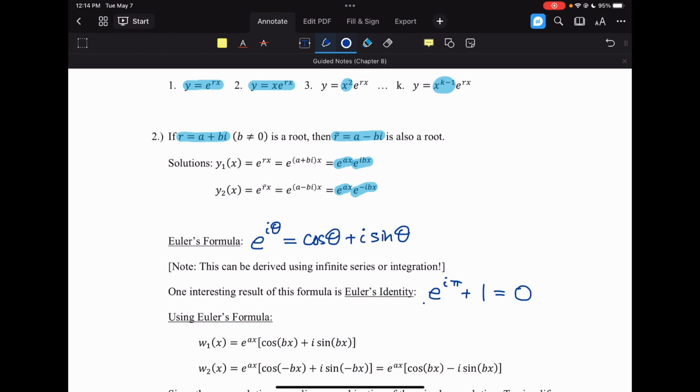This equation is so prominent in mathematics because it incorporates 5 of the most important constants in all of mathematics together in one equation. So we've got e, we've got i, we've got pi, we've got 1, and we've got 0, right? With e, of course, being that natural exponential base, i representing all complex numbers, pi being a representation of so many things in trigonometry, 1 being the multiplicative identity and 0 being the additive identity.